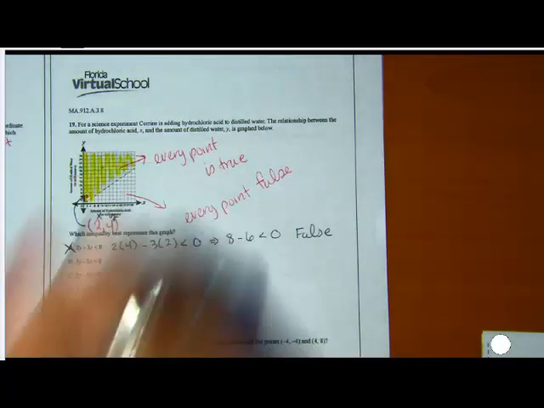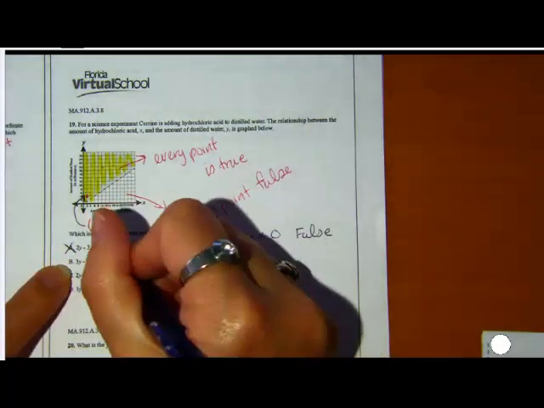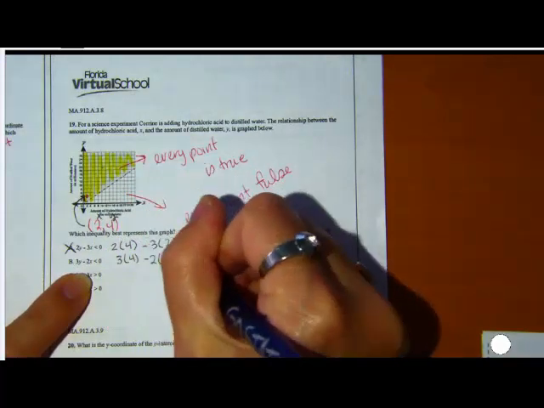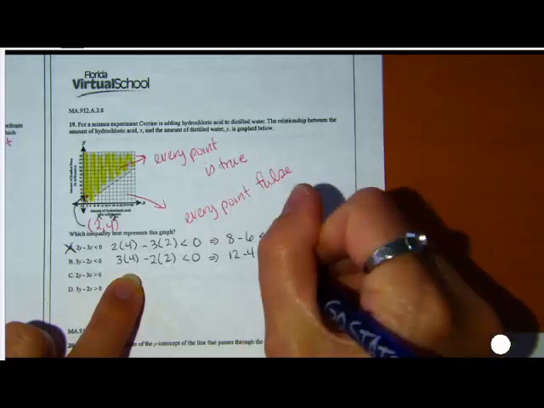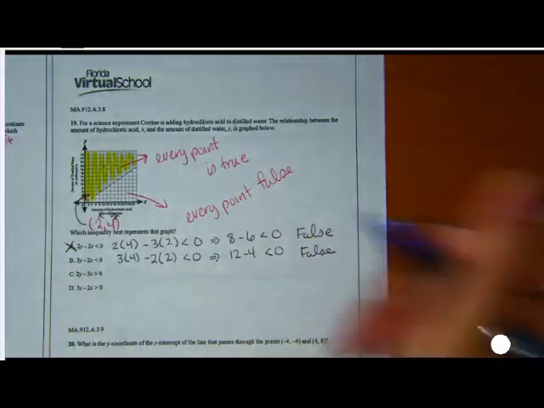So it can't be A. Okay, so then I try B, and I have 3 times y minus 2 times x is less than 0. And I get 12 minus 4 is less than 0. That's also false. So it can't be B.